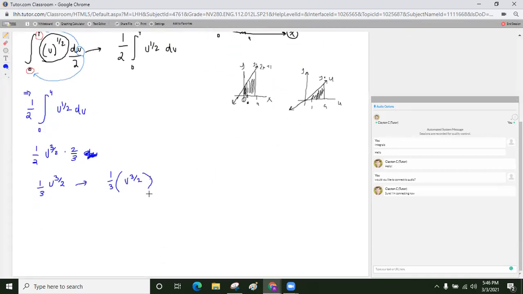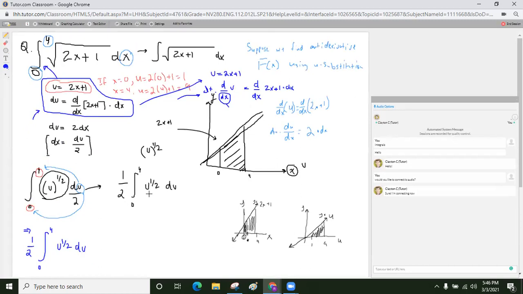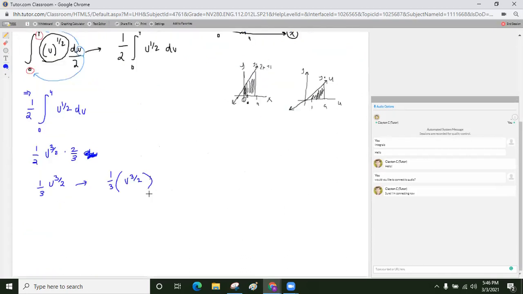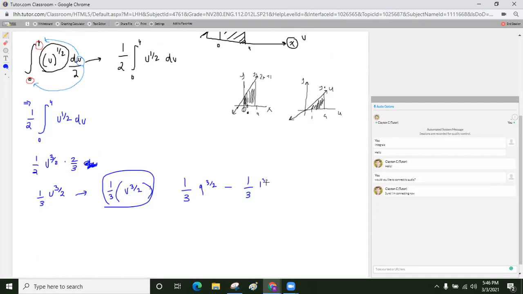From this point, I would just plug in 1 and 9 into this particular guy here. Right. So it would be 1 over 3, 9^(3/2), minus 1 over 3, 1^(3/2).